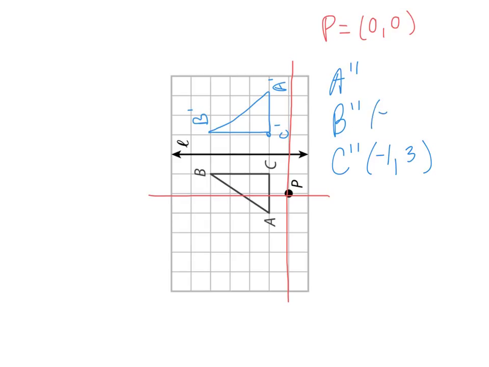So we're at -4, +3. And then our A double prime is going to be over 1 to the left, just like C prime was. But this time we're going a little higher, so -1, 1, 2, 3, 4, 5 is going to locate us at A double prime there.